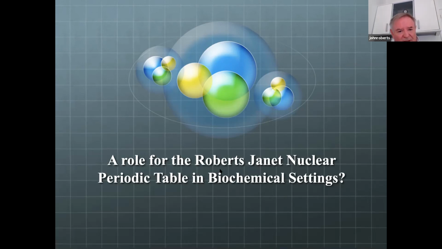So I think the first part is to give you a brief overview of where the Robert Chanay table fits into a scientific study, some of the evidence that has proved its efficacy, and then we'll move gently towards the end into biochemistry and the cell and all the pathways that the presenters have been talking about and will talk about in the rest of the conference.